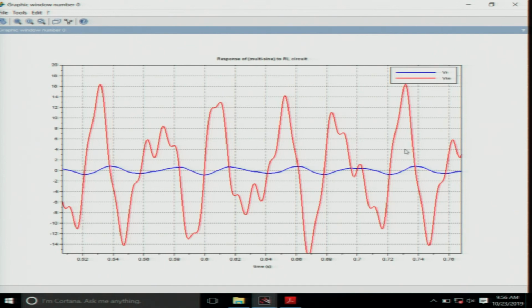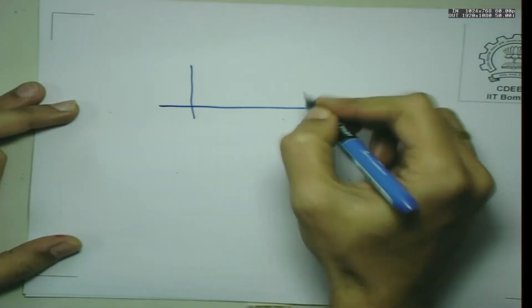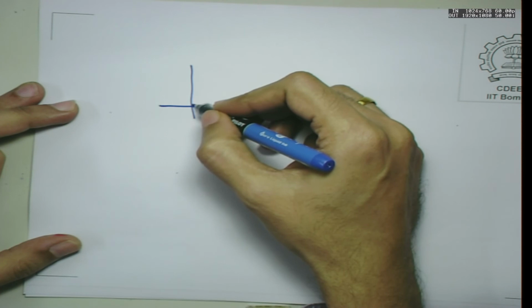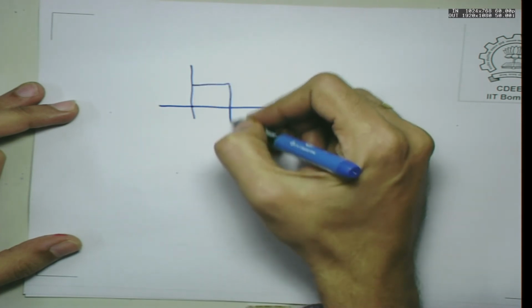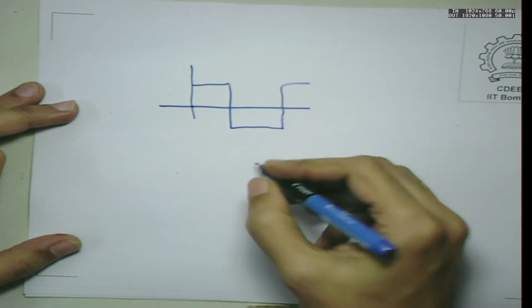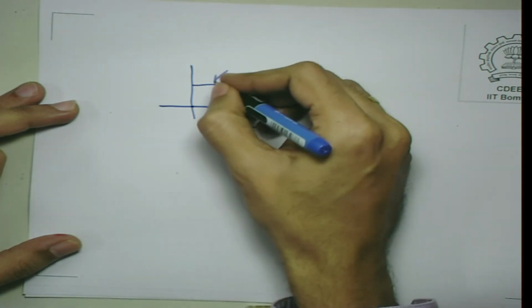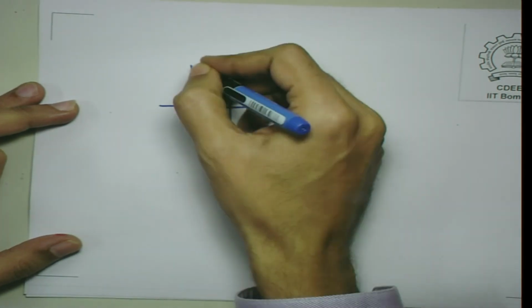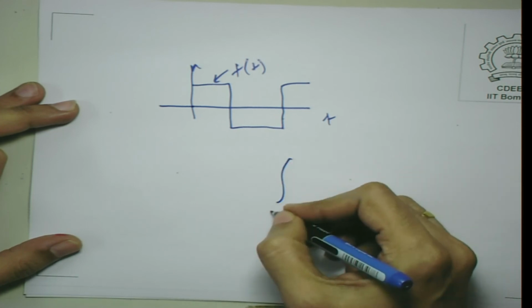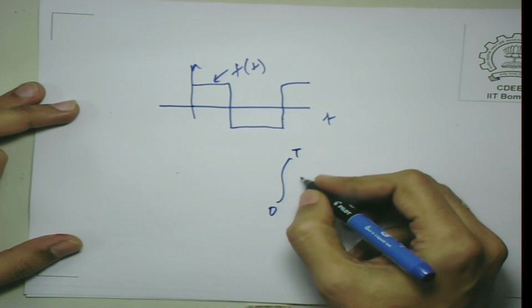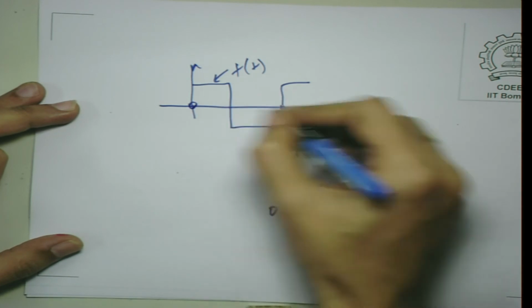But remember, the Fourier series integral is in fact a steady state, continuous time integral. If you look at the Fourier integral, suppose I give you a square wave. How do you actually compute the Fourier series components? If this is f of t, this is t, then you have to integrate over one cycle.